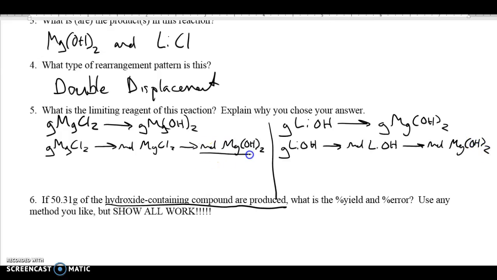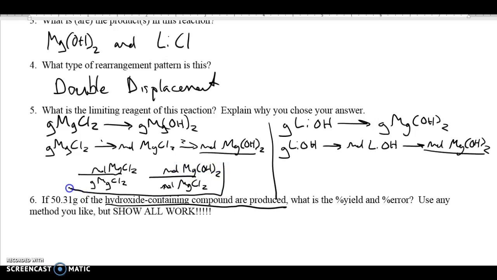Notice that we're ending the same, each of these different little steps. That's important. All right, so over here I've got 1, 2, that's 2 conversions. First would be grams of magnesium chloride on bottom, moles of magnesium chloride on top. Second one is moles of magnesium chloride on bottom, moles of magnesium hydroxide on top.